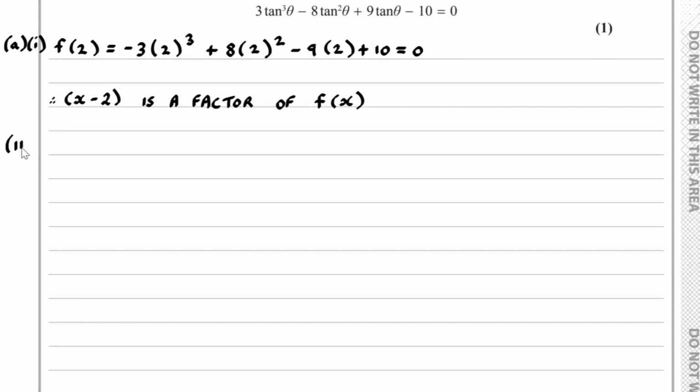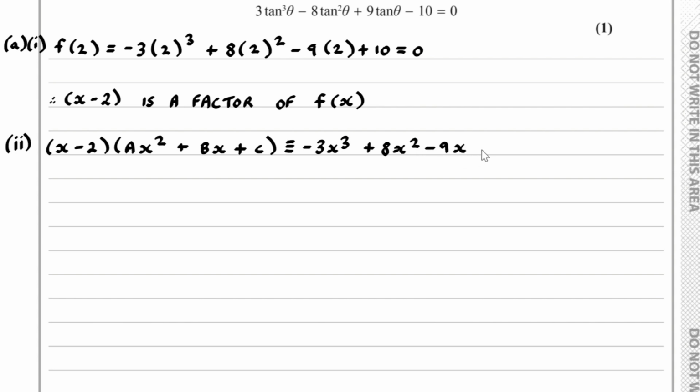So I've got my linear factor x minus 2 multiplied by some quadratic factor ax squared plus bx plus c. This gives my cubic negative 3x cubed plus 8x squared subtract 9x plus 10. What we need to do is find out what a, b and c are, and then we would find two algebraic factors, the linear factor and the quadratic factor. Now to find out what a, b and c are, we can compare coefficients.